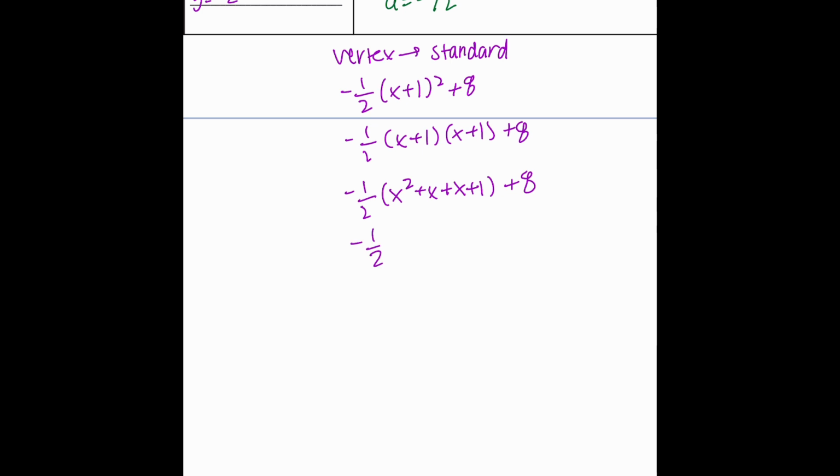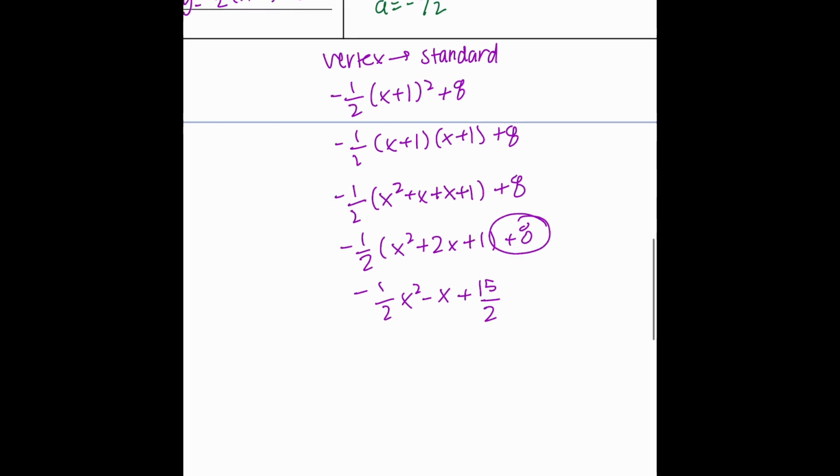When I simplify everything, I get x squared plus 2x plus 1, plus 8. Then I'm going to distribute that negative 1 over 2, or negative half, and get negative 1 half x squared, and then I should get negative x plus 15 over 2. That's when I add the 8 in.